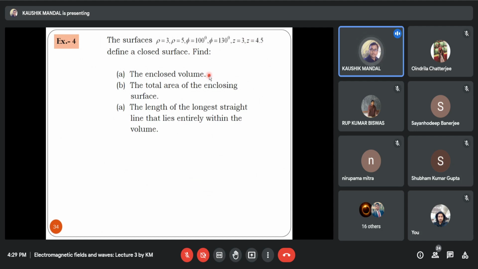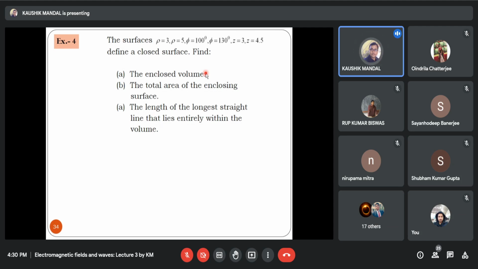First of all, you have to find out the enclosed volume. The enclosed volume by these two surfaces, not by the entire two cylinders. Rather, you have to find out the enclosed volume by these two surfaces.